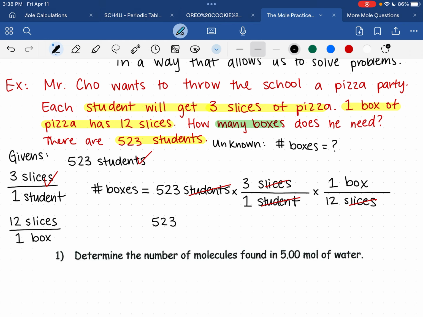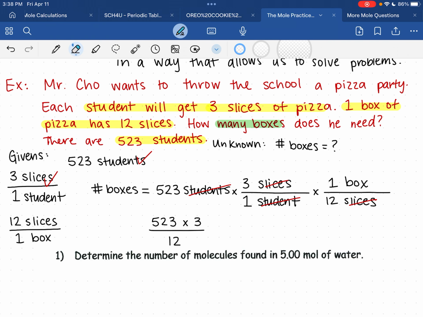So now when I put that in the calculator, all I'm typing into my calculator is 523 times 3 divided by 12. However your calculator does the divided by, it could be like this, it could be in a fraction. Either way, it's all the same.